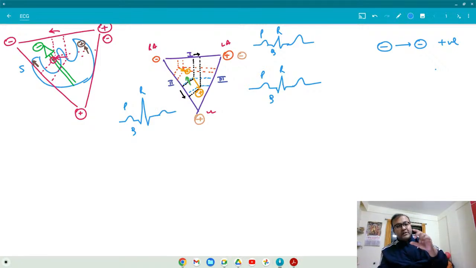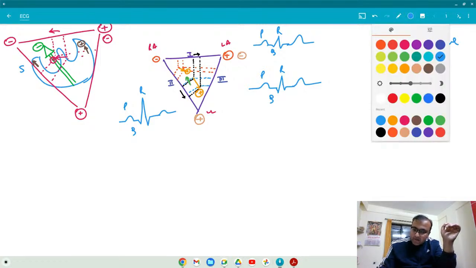So in the actual ECG sheet, you will be able to observe this in lead 1, lead 2, lead 3. Got it? Since you have understood this much, now let us make it more complicated by putting in the augmented leads.